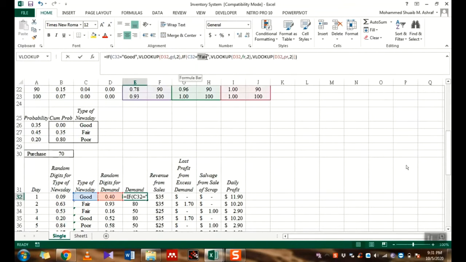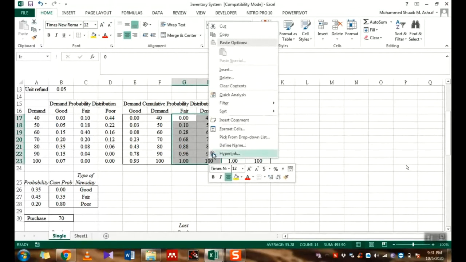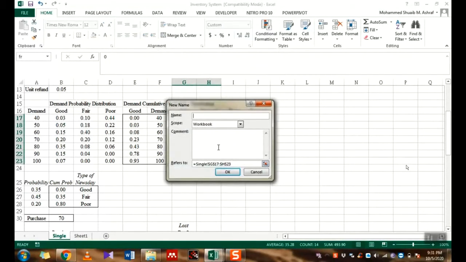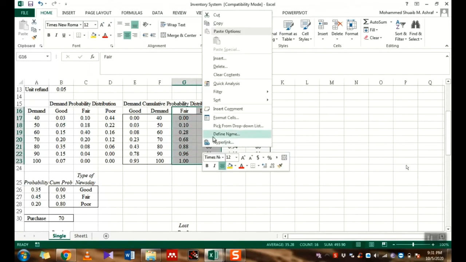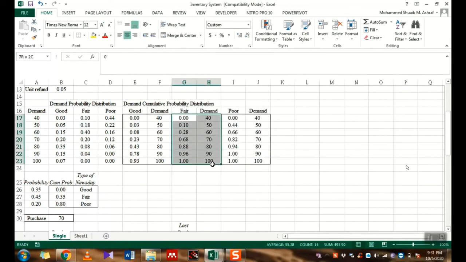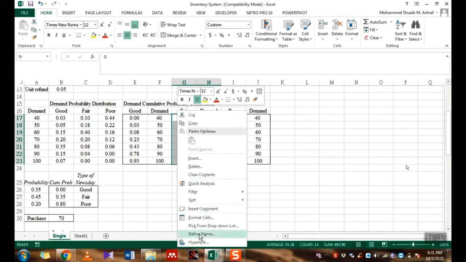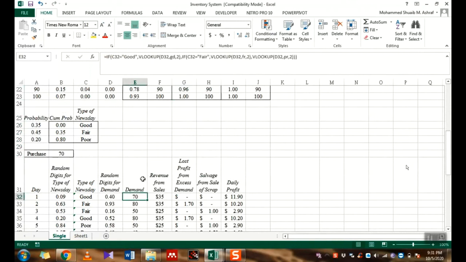If the type of news day is fair, I will search this index. I'll right click, see the name, define name. See, what is the name of this table? Let's see. The name is fair.